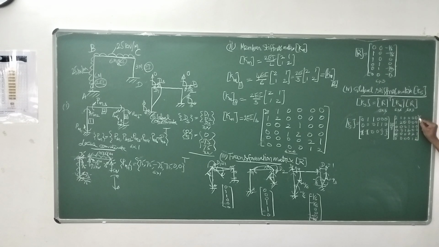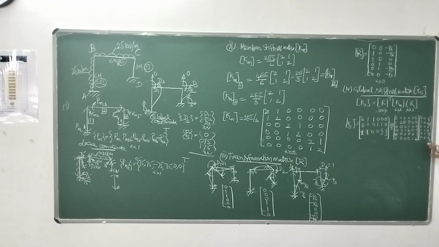Then R. R is a 6 by 3 matrix: 0, 1, 1, 0, 0, 0, 3 zeros, 1, 1, 0, minus 1 by 6, minus 1 by 6, 0, 0, minus 1 by 3, minus 1 by 3.